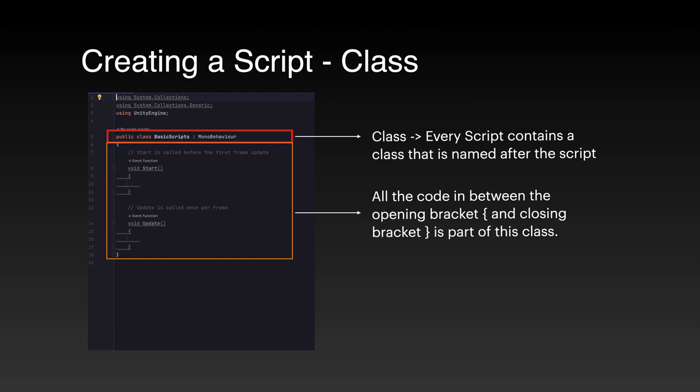Inside the default, there are two methods. One is Start, another one is Update. And you can see two backslashes. Start is code before the first frame update.